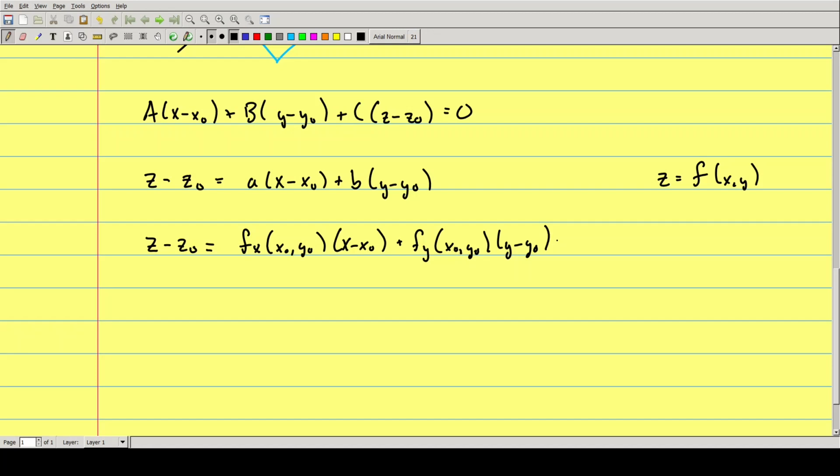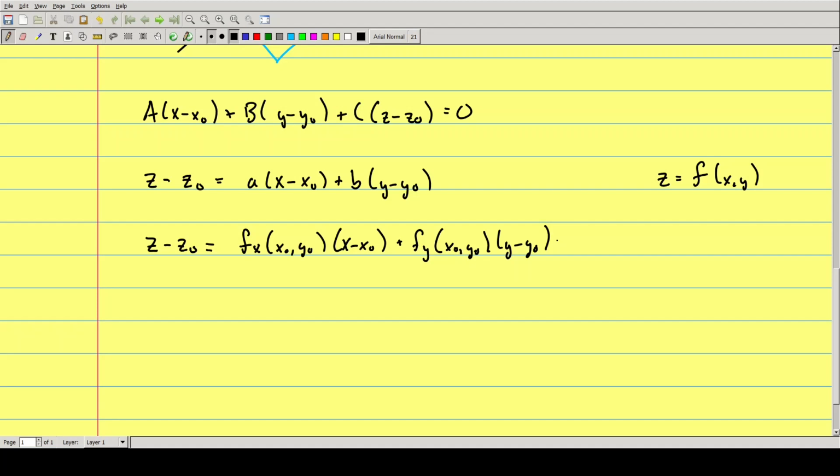Okay, much like it would have been f prime of x naught if we were talking about a tangent line. Okay, so the division by c basically made the equation look like y equals mx plus b. Okay, the plane version of that version of the equation.